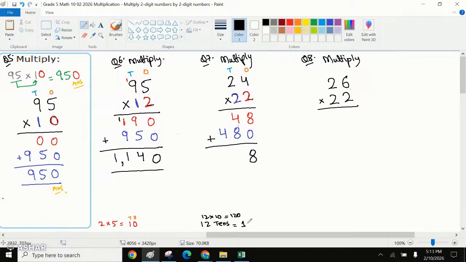So I can break this into 100s and 2 tens, right? So 4 plus 8 is 12. That means we write down the tens and we carry the hundreds. 1 plus 4 is 5. That means 528 is the answer.